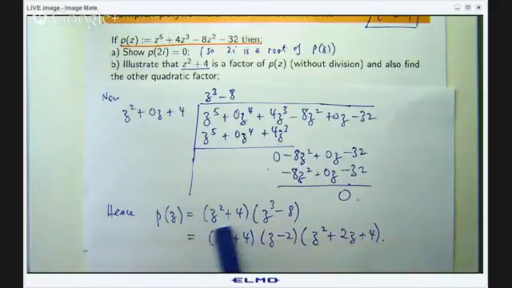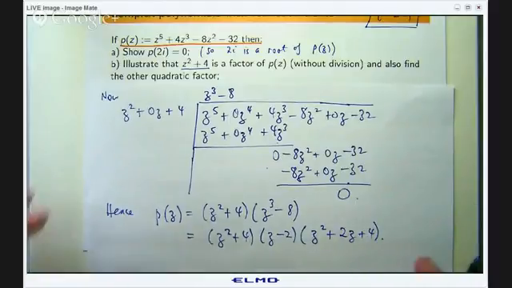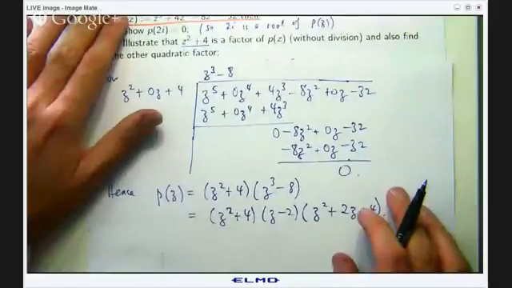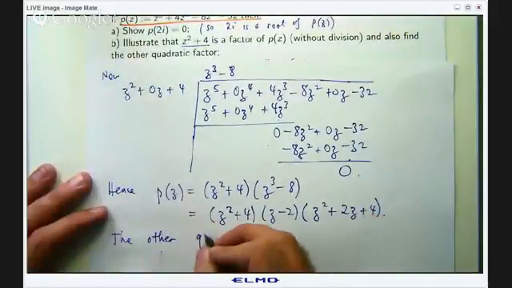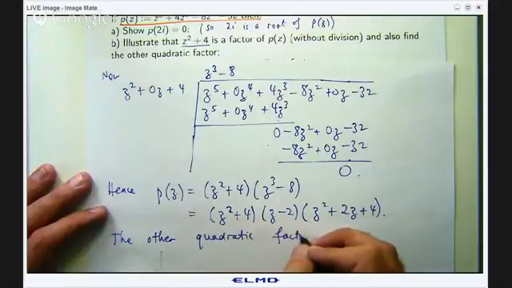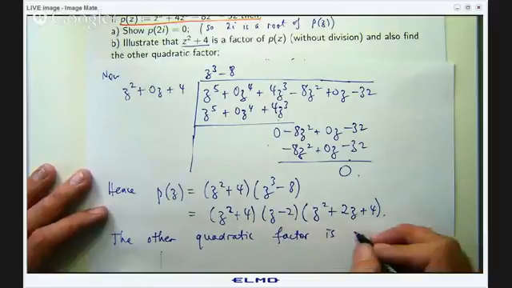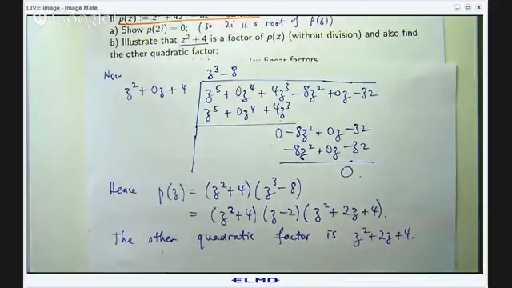Okay, so this is one quadratic factor, this is the other quadratic factor, and you've got this linear factor here. So the other quadratic factor is z squared plus 2z plus 4.